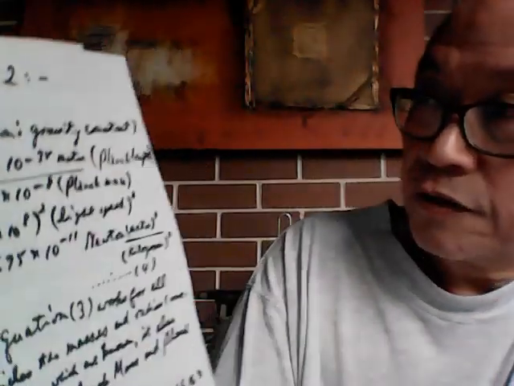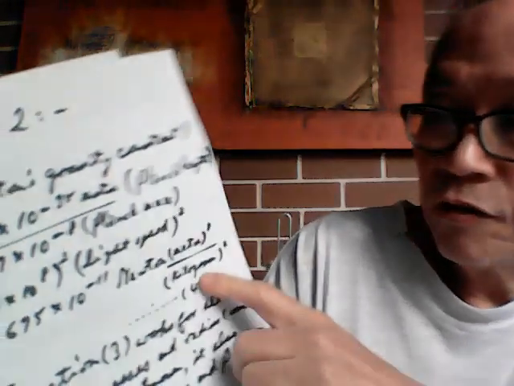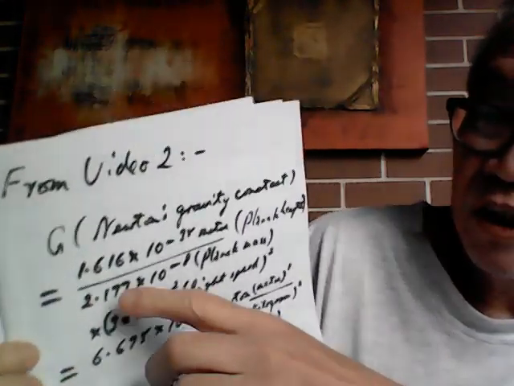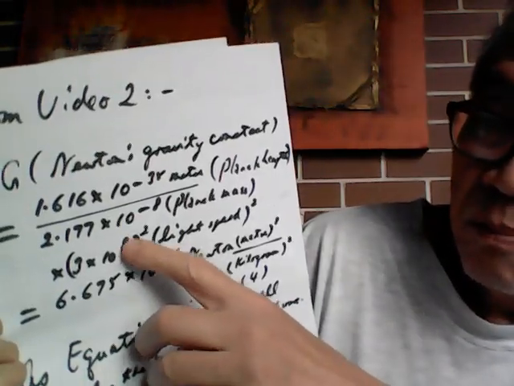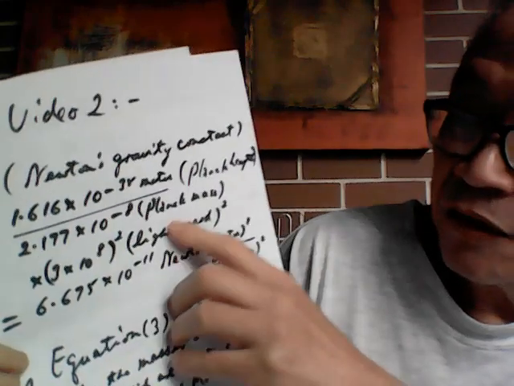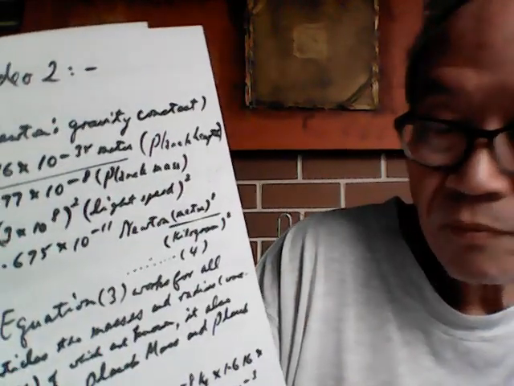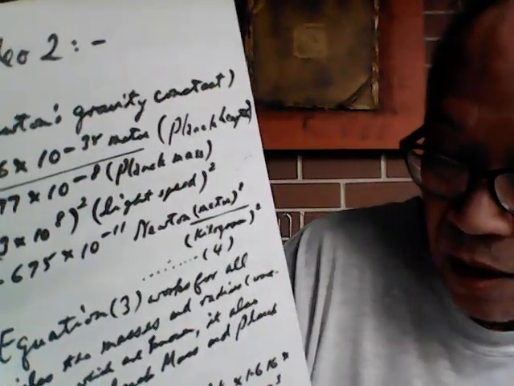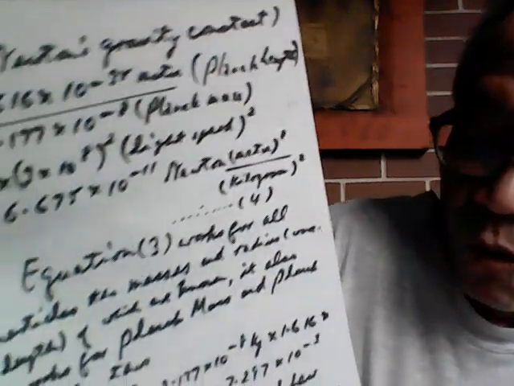And now I substitute equation 4, that is for G, equal to Planck length divided by Planck mass times c square. Now I substitute it in Newton's law.